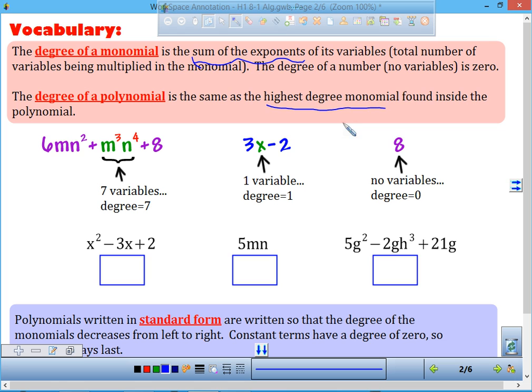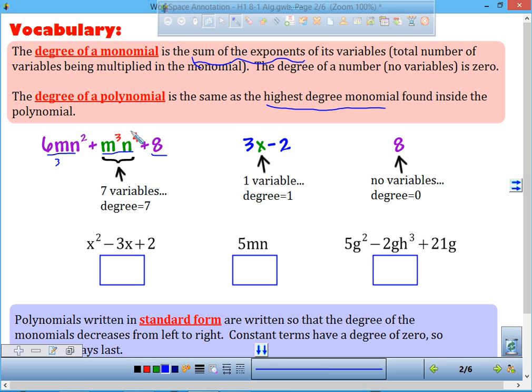Okay, so if you look at this first one, this is a polynomial because it has three terms. Here's one term, two terms, three terms. Since it's a polynomial, you look for the highest degree of any monomial inside of it. So the degree of this first monomial would be 3.